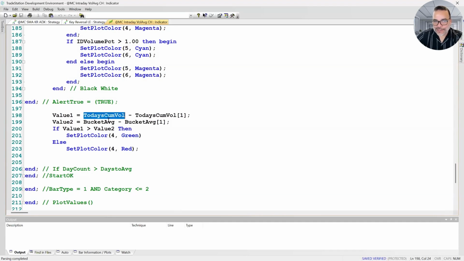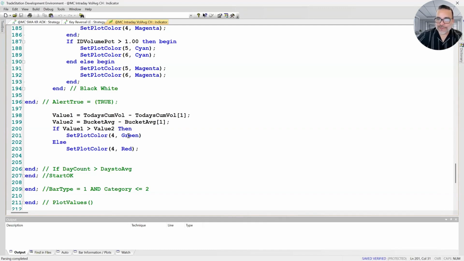Notice that it takes today's cumulative volume and compares it to the cumulative volume one bar ago, and then takes the bucket average and subtracts the bucket average one bar ago, and compares the two values, Value1 and Value2. If Value1 is greater than Value2, meaning the change in today's volume is greater than the change in the average, then it sets it green.